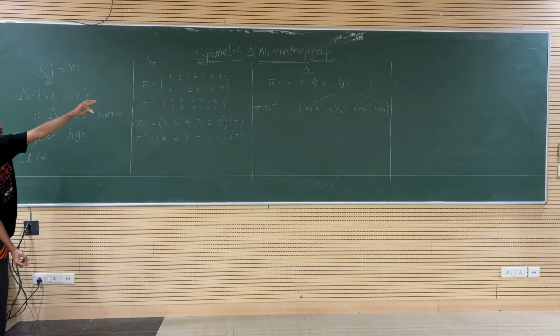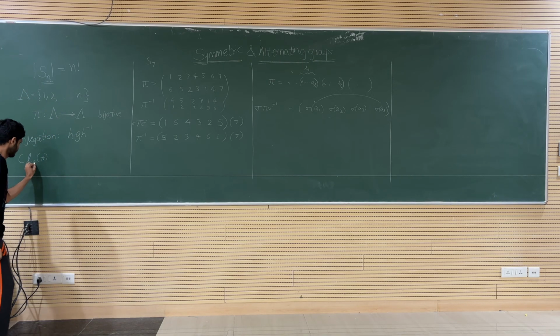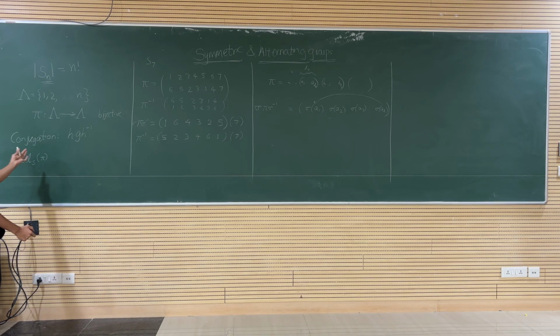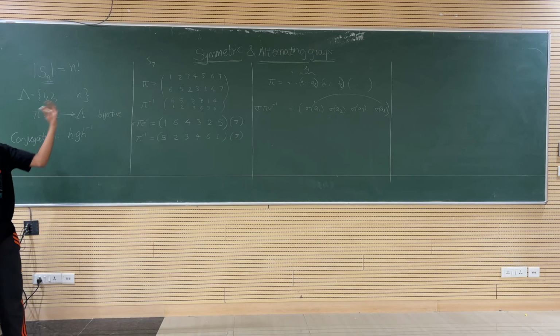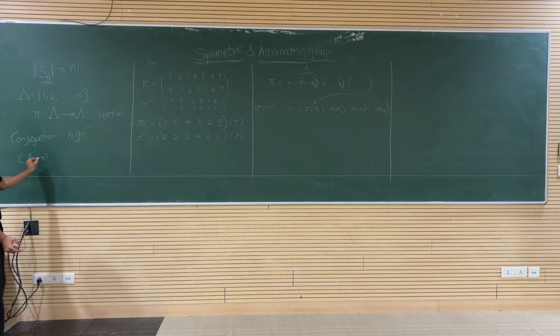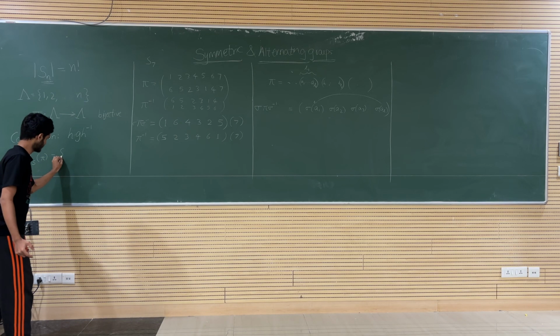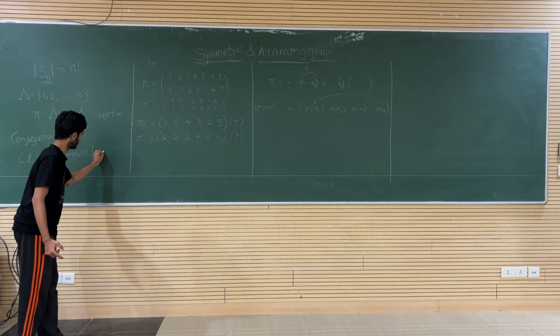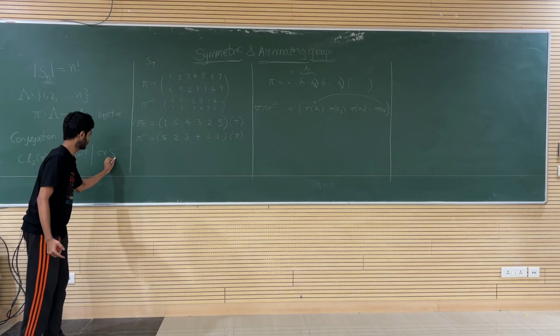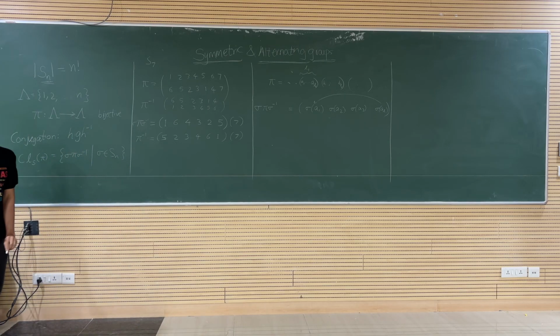Today we are talking about 2 groups. Just for clarity, if I write S as a subscript, it's the conjugacy class in the symmetric group. If I write A there, it will be the conjugacy class in the alternating group. This is the notation. This is the set of all sigma pi sigma inverse for sigma belonging to S. This is the conjugacy class.